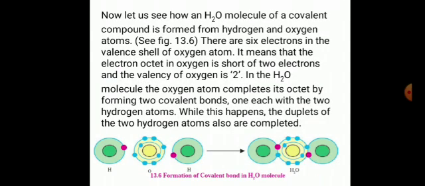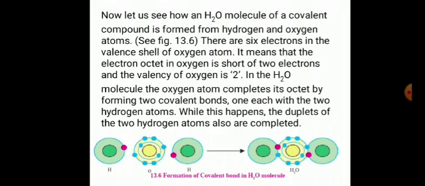Now let us see how a water molecule, H2O molecule of a covalent compound is formed from hydrogen and oxygen. There are 6 electrons in the valence shell of oxygen atom. It means that the electron octet in oxygen is short of 2 electrons and the valency of oxygen is 2.